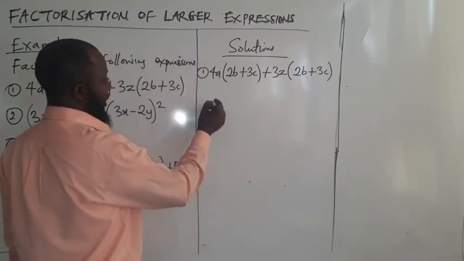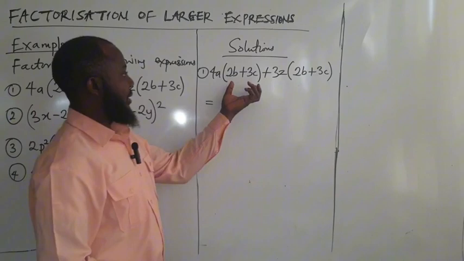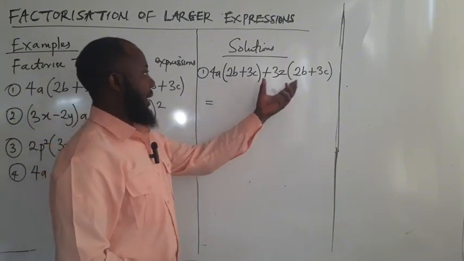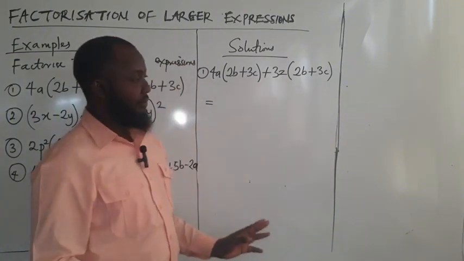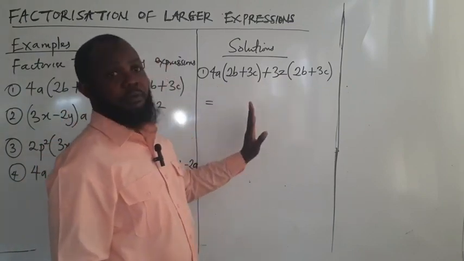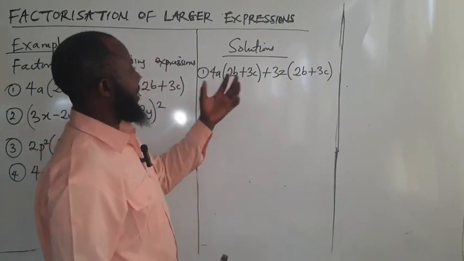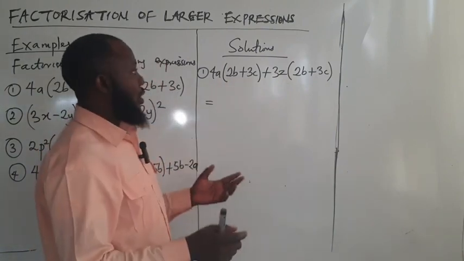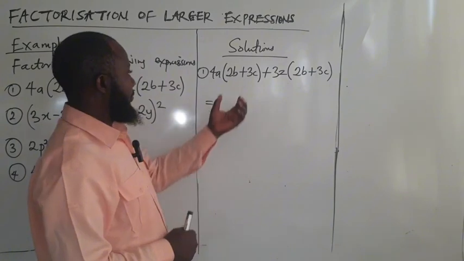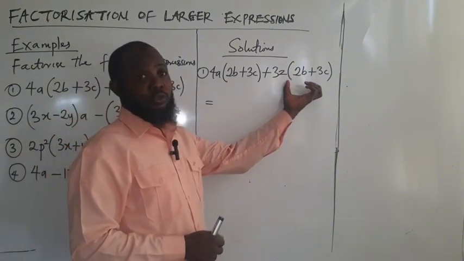Now, if you look at the question very well, what we have in this bracket and this bracket are the same. So which means this type of expression has been simplified for us. So what we just need to do here is to bring out the common factor. What we have inside the bracket is common to this term and also common to this term.